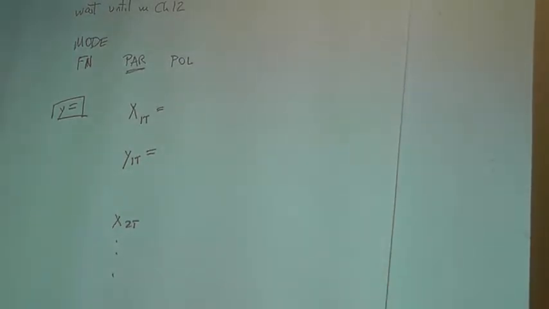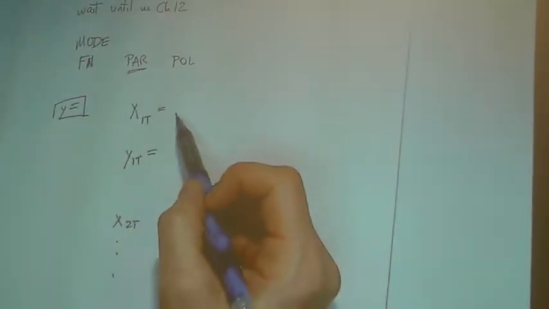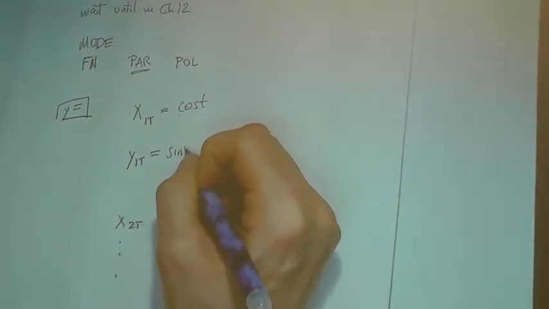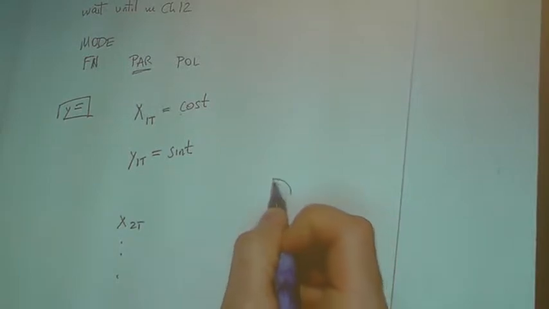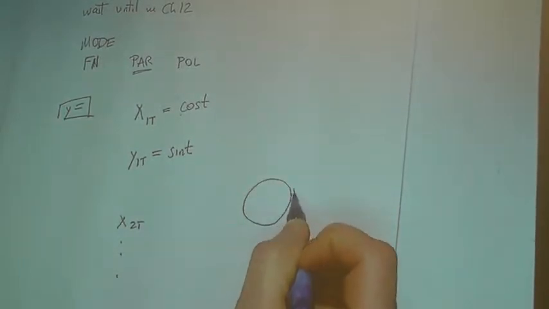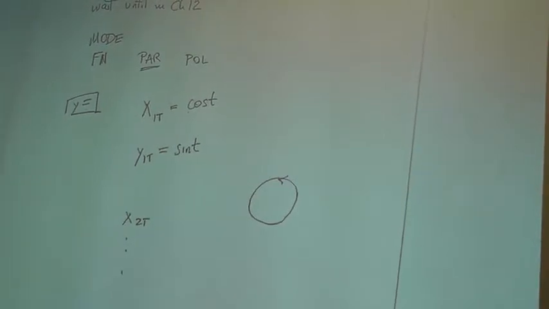This is especially helpful with the circles. Because as you enter stuff in, if you look, for instance, at cosine of t, sine of t, when you enter this in, you will see the way the circle goes in, it's going to be oriented counterclockwise.